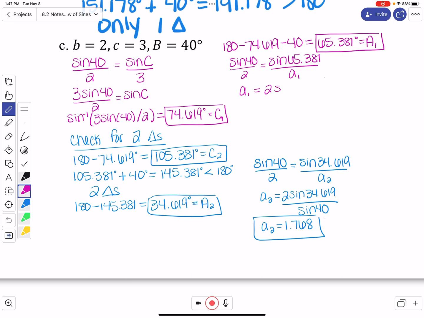So then A1 equals 2 times sine of 65.381 divided by sine of 40. All right, so when I type all that in, A1 is going to equal 2.829. So it's very, very important to label everything. All right, so that concludes law of sines.